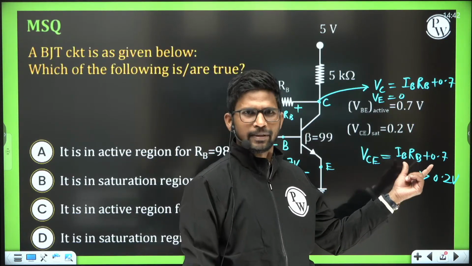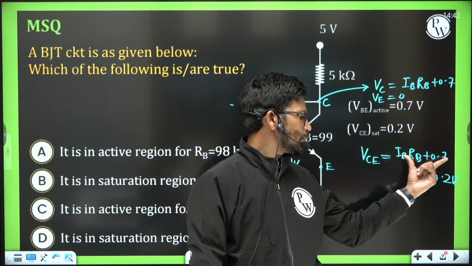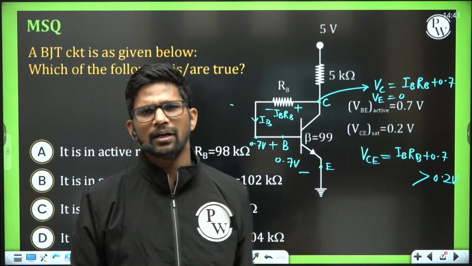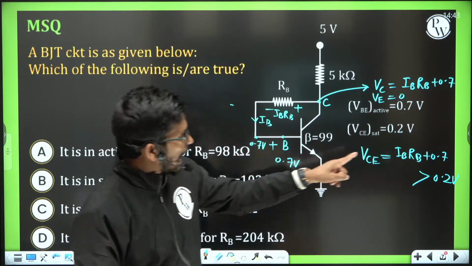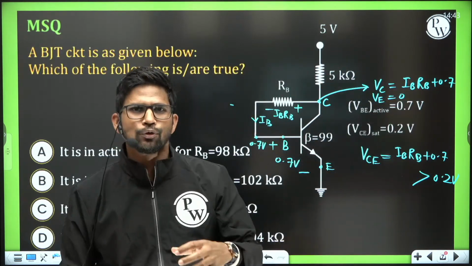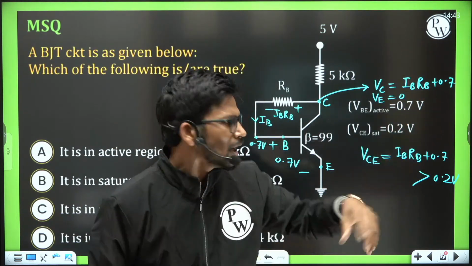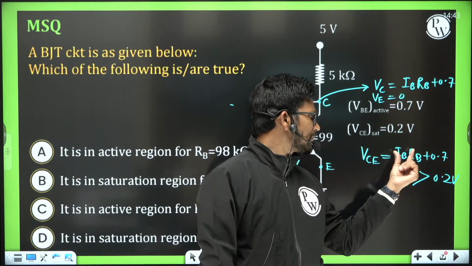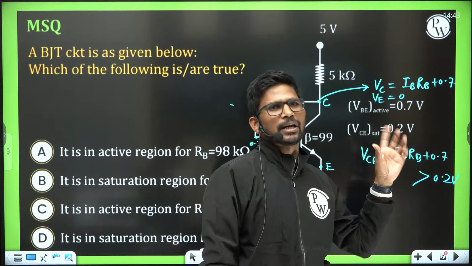This IBRB will be some positive value, and 0.7 plus IBRB will always be greater than 0.2 for any value of IB. This IB current will depend on the value of RB chosen. If you choose different values of RB, different IB current will flow. But it will always be 0.7 plus IBRB, so it will always be greater than 0.2 volt.